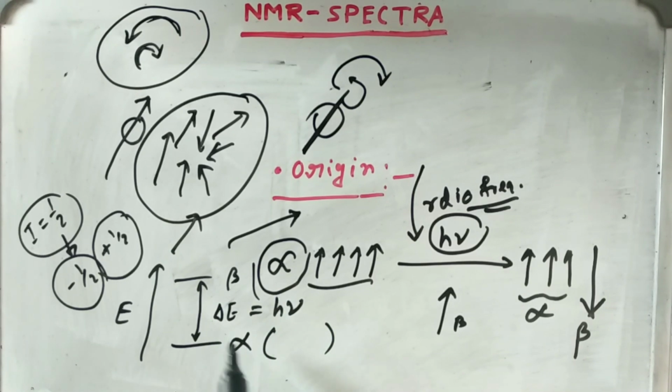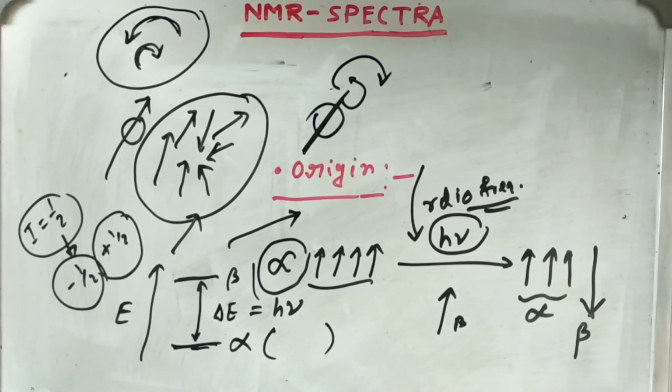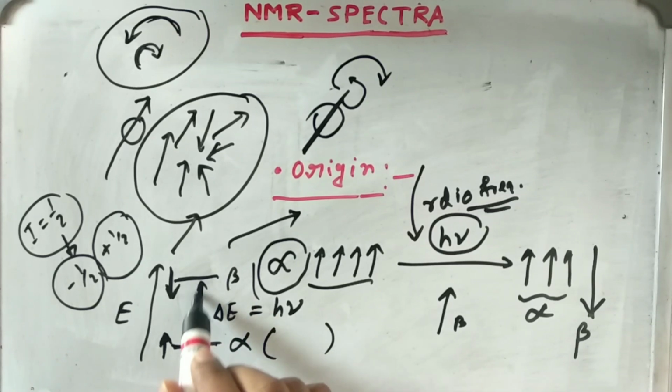This energy gap should be very, very small, so that at around room temperature, alpha to beta spin conversion occurs. Here alpha is aligned with the applied magnetic field, but here it isn't. So the energy gap should be small so that the nucleus can jump from this state to this state. This should be the condition: the energy gap should be very, very small.